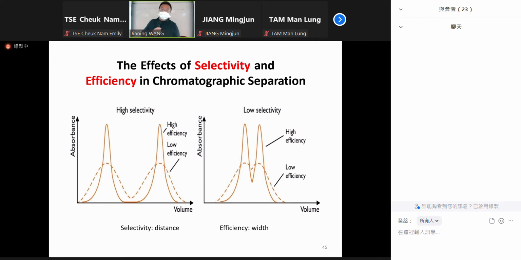We call this one high efficiency and this one low efficiency. And comparing the panels, the left one is high selectivity and this one is low selectivity.